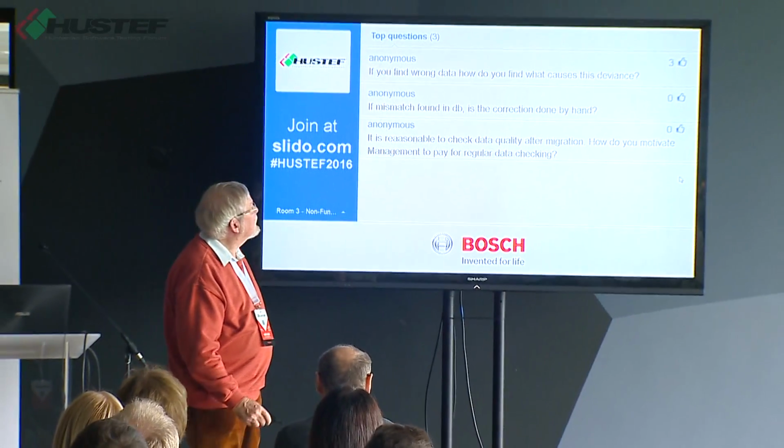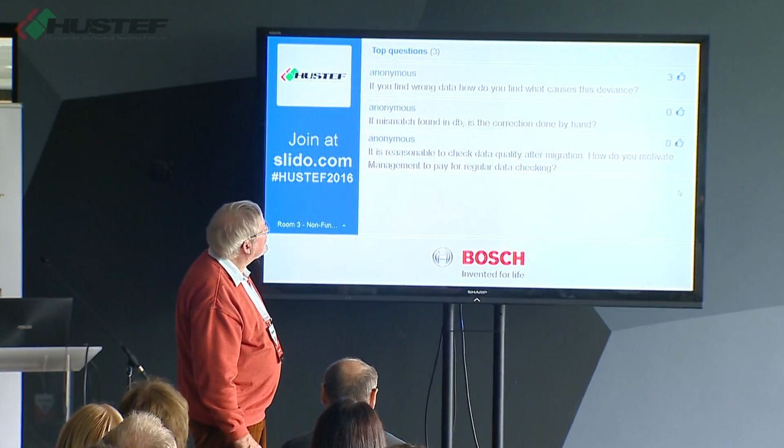If you find wrong data, how do you find what causes the deviance? You don't know what transaction led to the error, so this question cannot be answered. It's terrible. It's a hard task to trace an error in the data back to an error in the program.